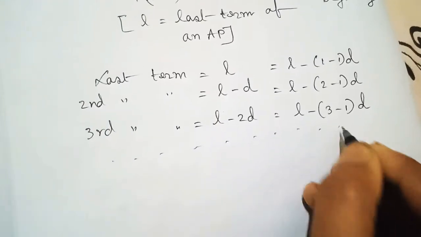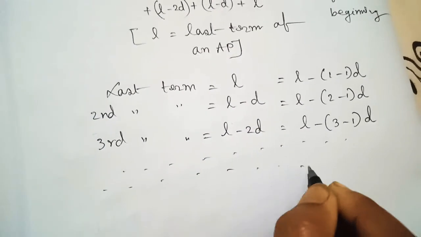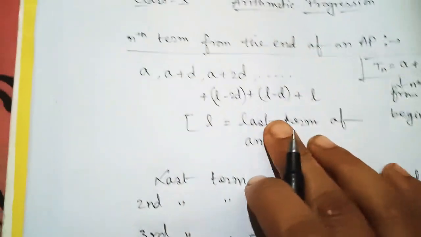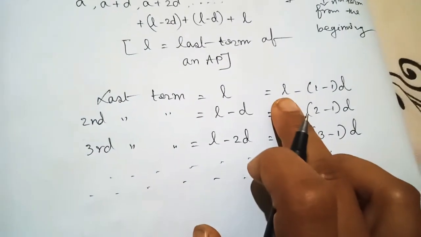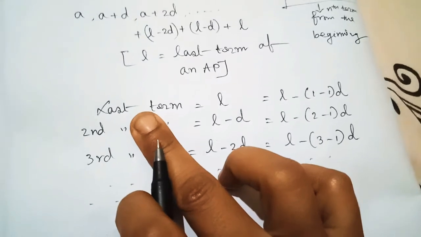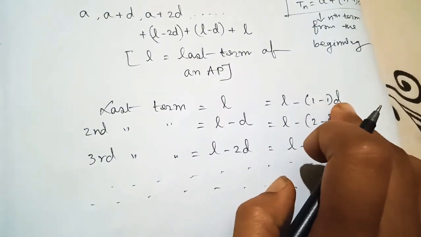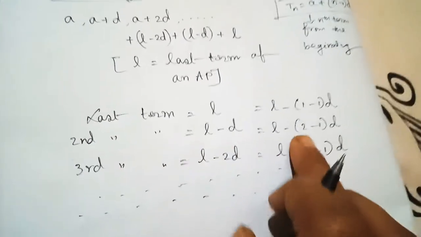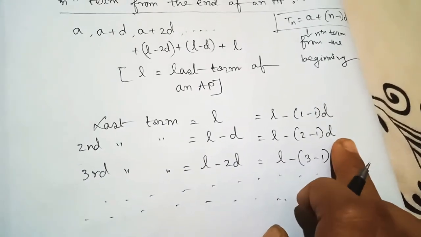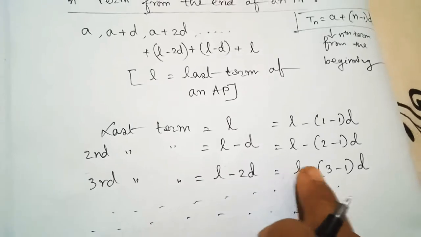And so on. You can see the similarity with the previous proof of Tn. Here, the first last term is L minus (1 minus 1) into d, the second last term is L minus (2 minus 1) into d, the third last term is L minus (3 minus 1) into d.